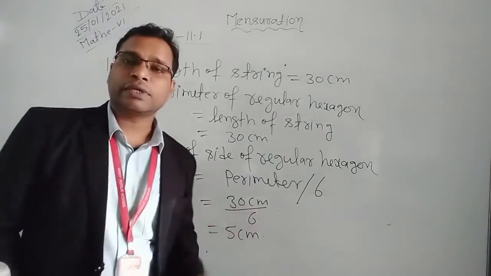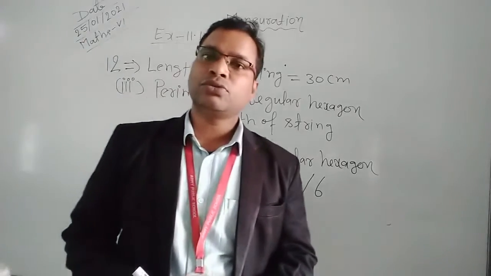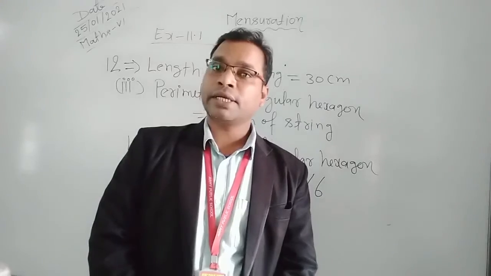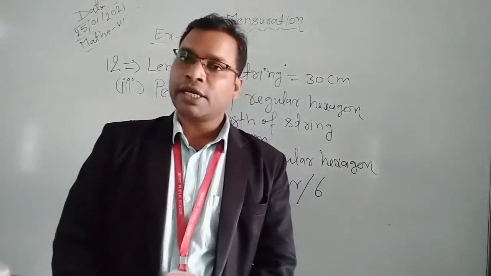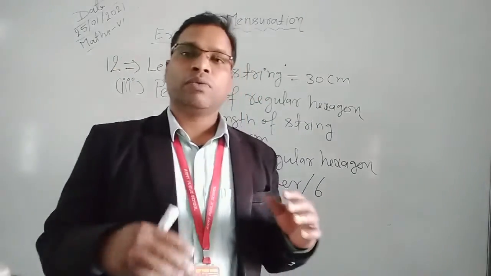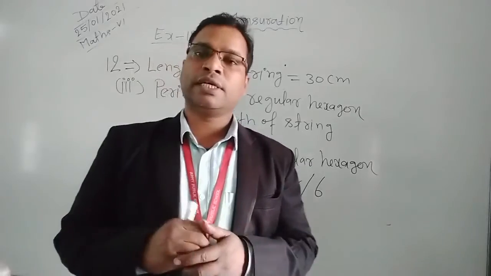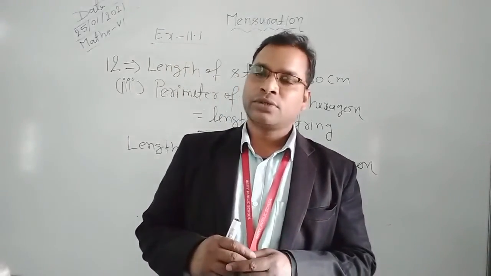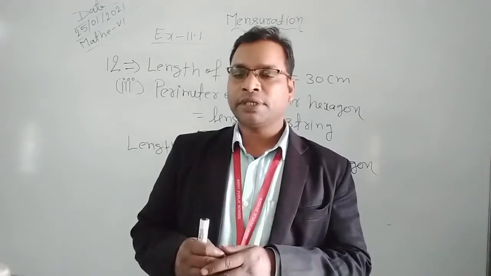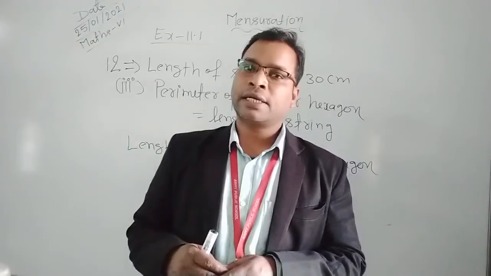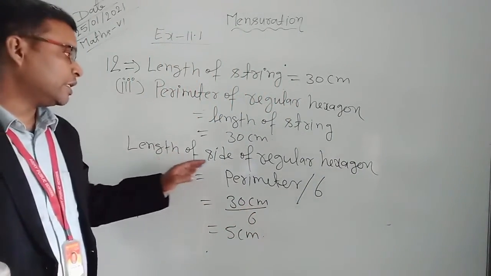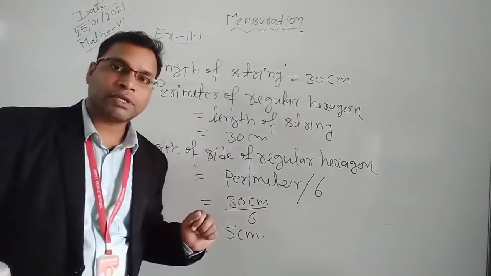So students, you can see here from this string whose length is 30 centimeters, we made an equilateral triangle. We found each side is 10 centimeters. Again, we constructed a square through this string, and we found its length of side is 7.5 centimeters. At last we find the length of side of the regular hexagon.